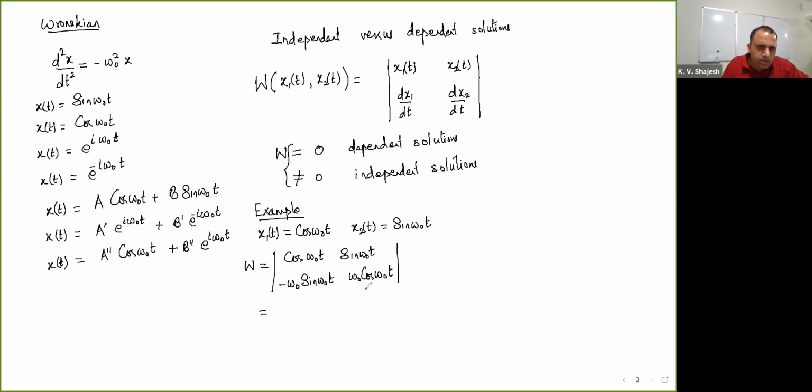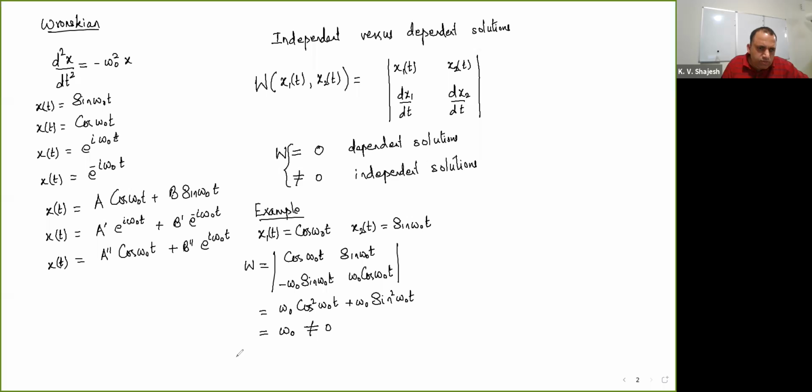And that gives me omega naught times cosine square omega naught t. And the determinant involves a negative sign, but there is already a negative sign in one of the off-diagonal components, so it is plus omega naught sine square omega naught t. And since we have cosine square plus sine square equal to 1, that's equal to omega naught, which is not equal to 0.